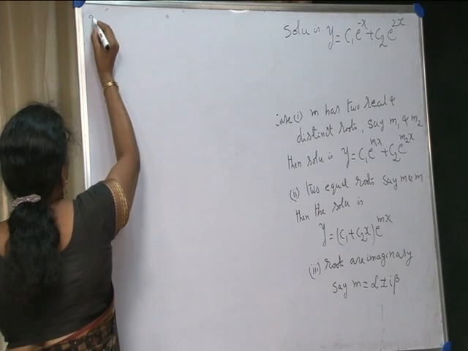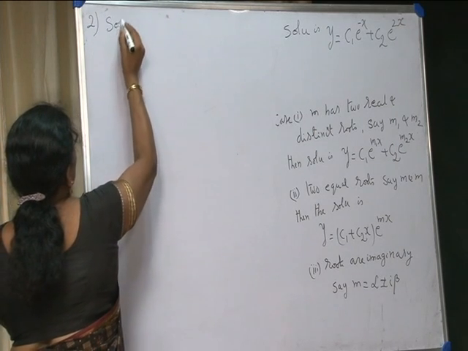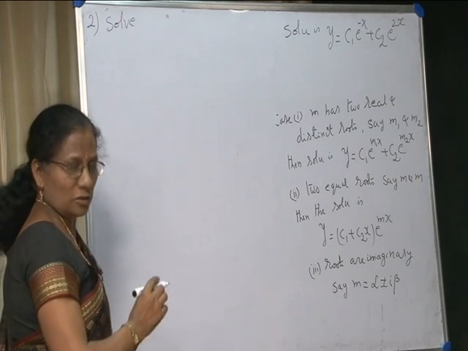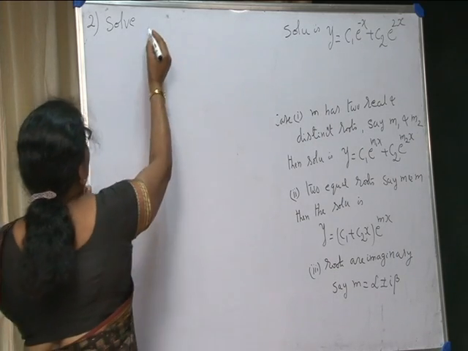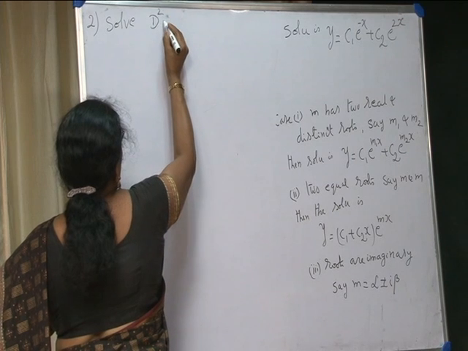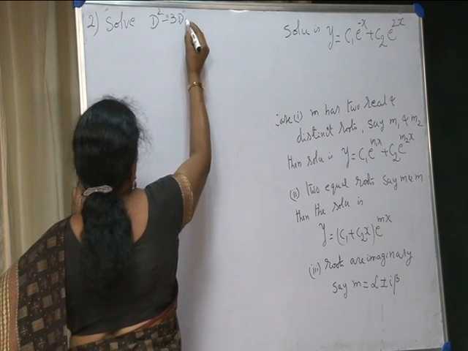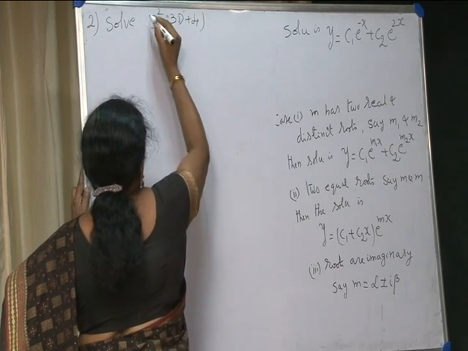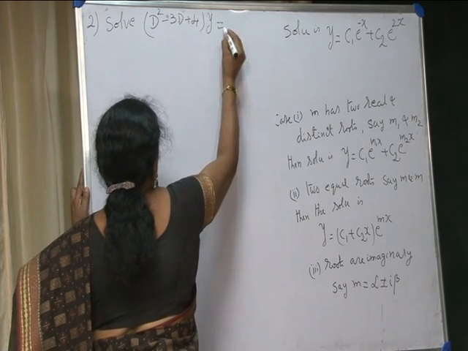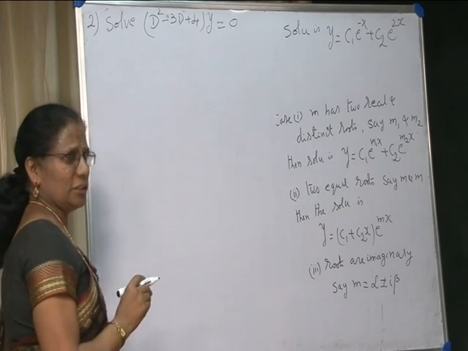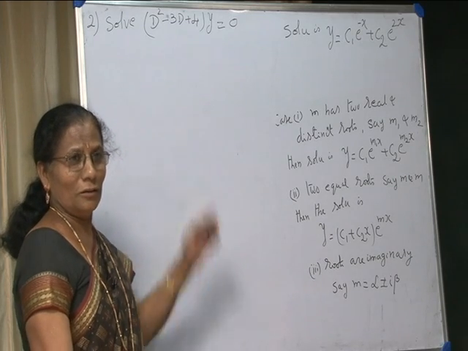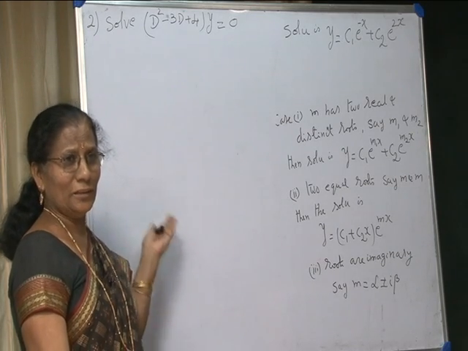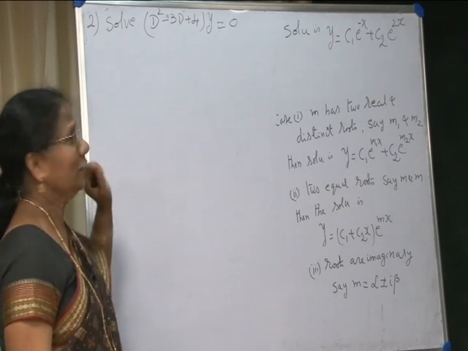The second one, solve d squared minus 3d plus 4. So, it is a homogeneous equation and a second order linear equation, and he has given it directly in terms of d.